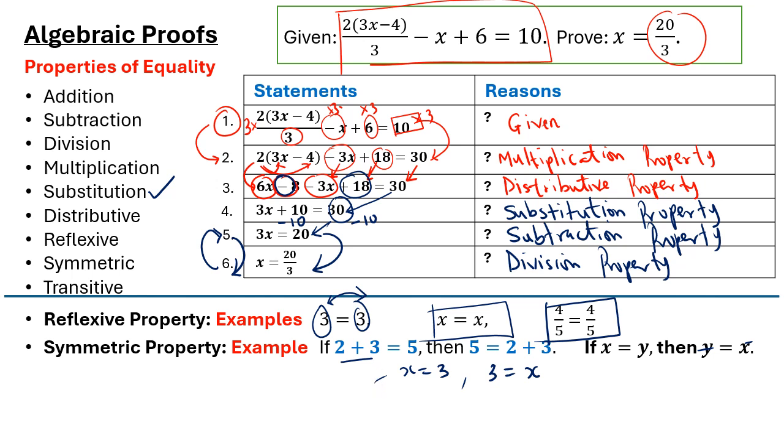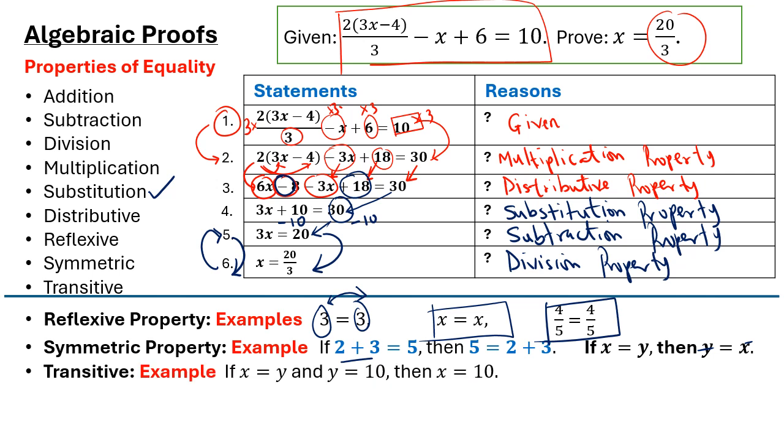All right, so we are going to talk about the last property, which is the transitive property. Transitive, transfer, so changing. For example, you have x equals y. Here we compare three things.